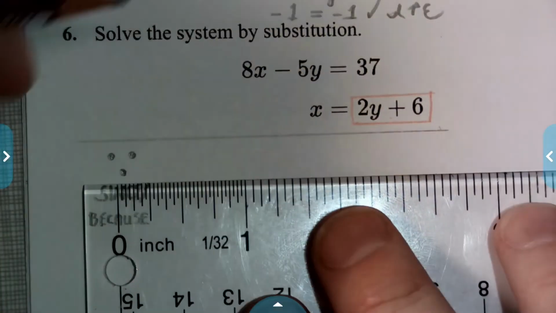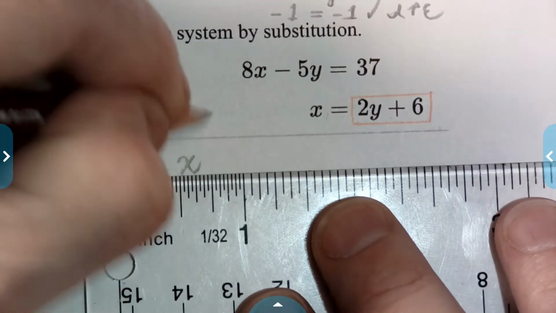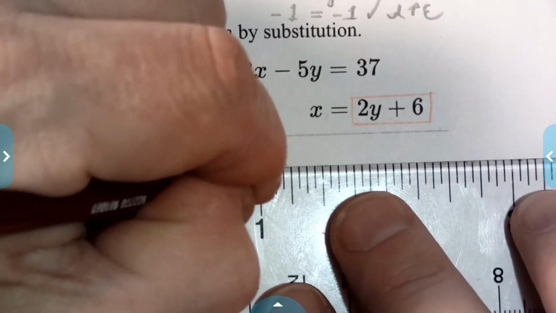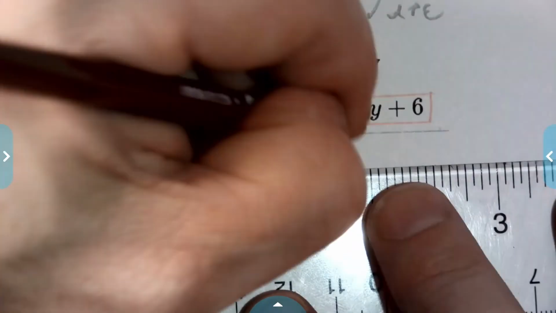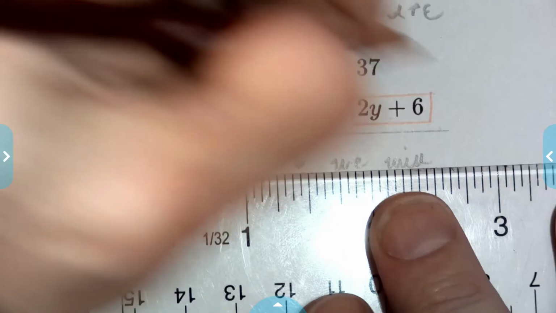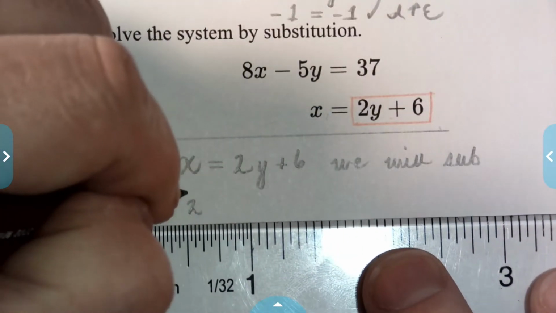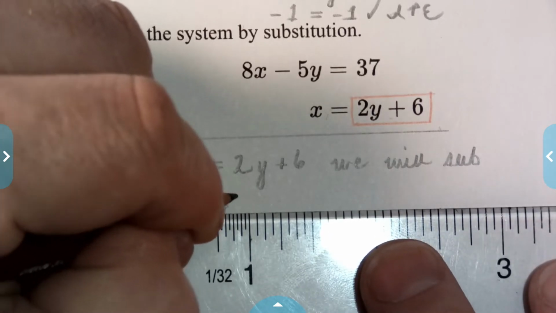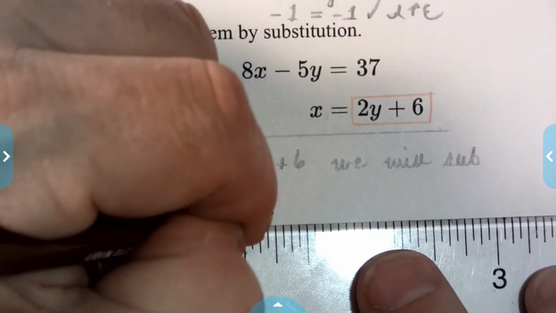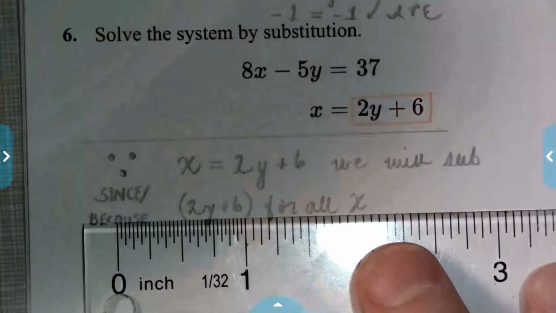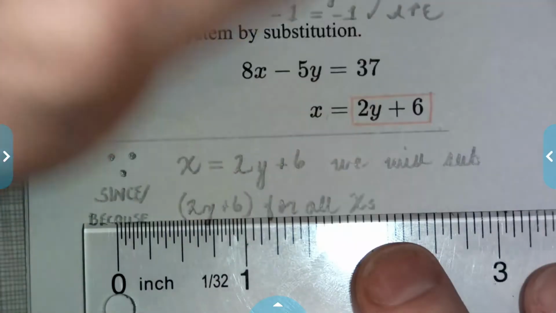Okay, so since x equals 2y plus 6, we will substitute 2y plus 6 for all x's in EQ1.